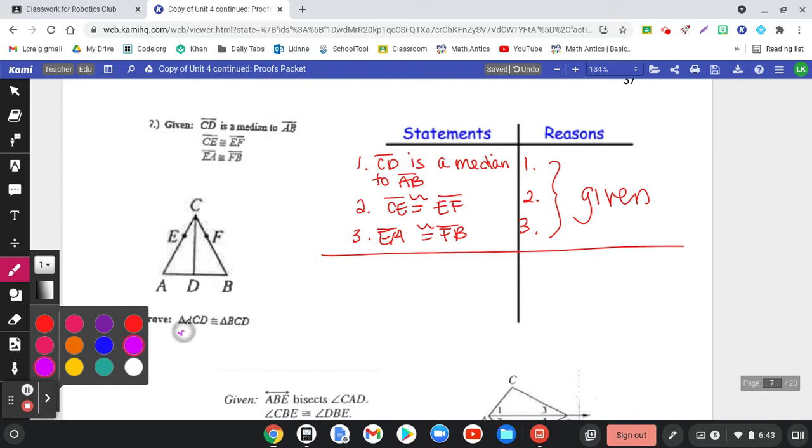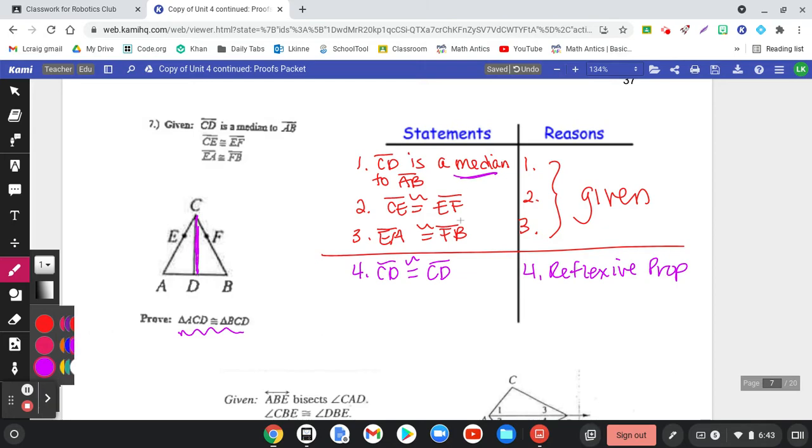We're trying to prove that the two triangles are congruent. Right here, CD is congruent to itself by the reflexive property. Okay? All right, so now let's address the rest of it. Let's see. CD is a median.